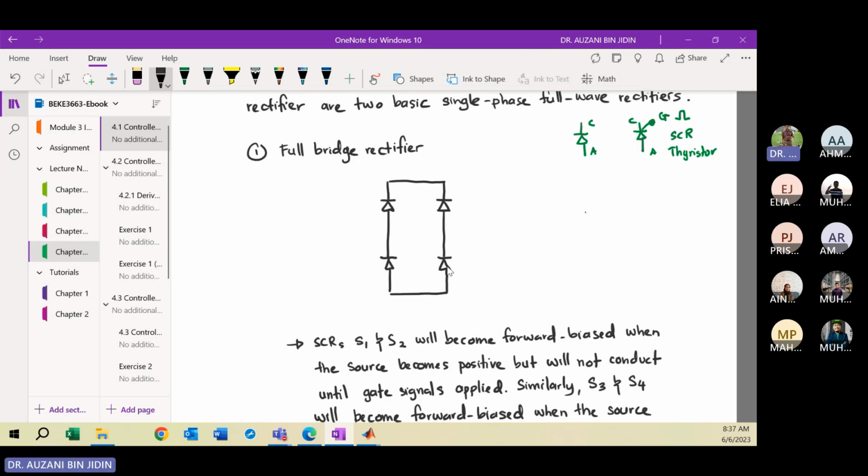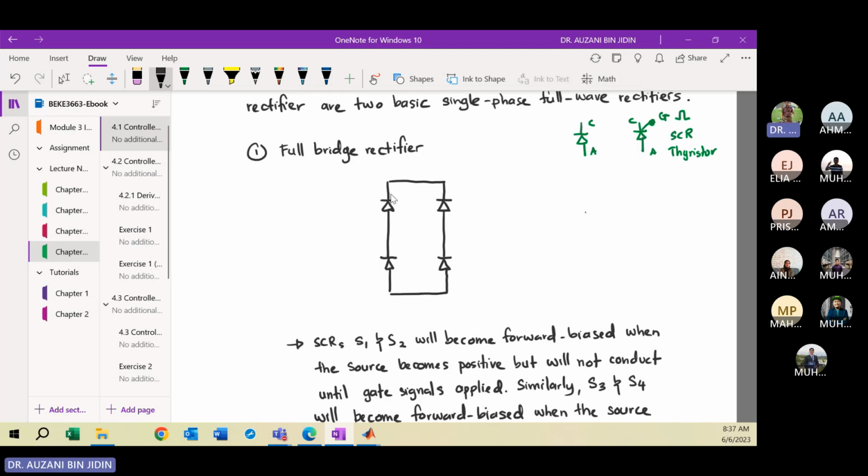You have 2 legs, so don't forget to put the additional terminal, which is the gate terminal. Then we can define this as SCR1 or thyristor 1. Here will be SCR number 2, S3, and S4.